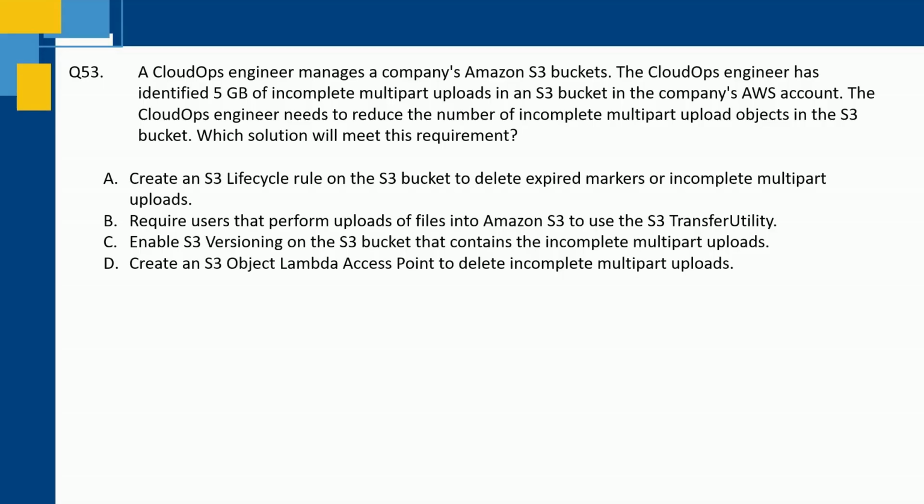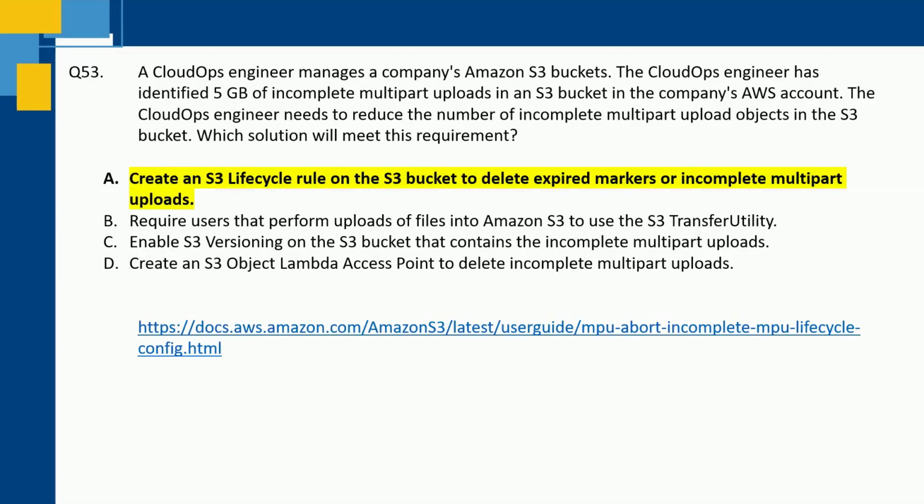Now folks, incomplete multi-part uploads happen when a client initiates an upload but never completes it. These parts take up space and can accumulate costs. S3 lifecycle rules let you automatically clean these up by configuring an abort incomplete multi-part uploads action after a set number of days.